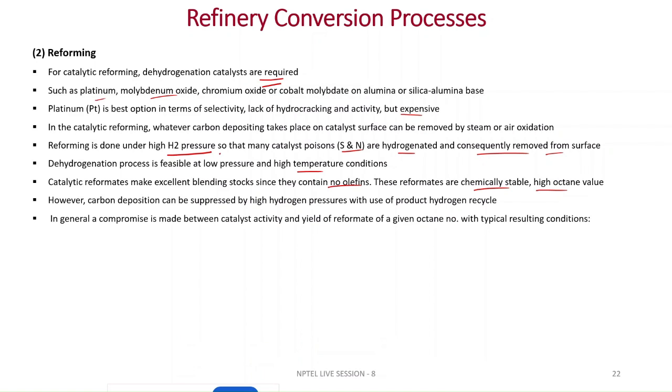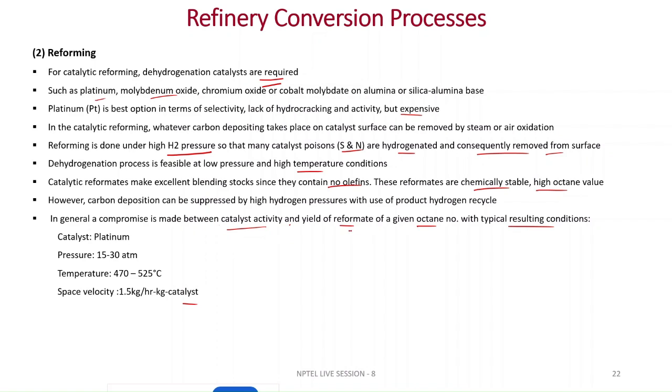In general, a compromise is made between catalyst activity and the yield of reformate of a given octane number. Typical conditions: catalyst platinum, pressure 15 to 30 atmosphere, temperature around 470 to 525 degrees Celsius, space velocity 1.5 kg per hour. So this compromise is made between catalyst activity and the yield of the reformate.